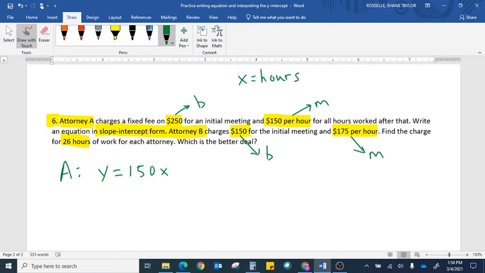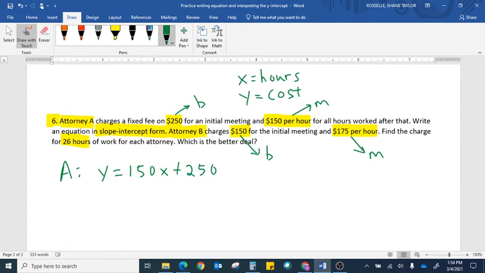That'll be the same way for both attorneys. Hours and total cost, y is total cost. So 150 times x, which represents our slope, is 150. X is the number of hours, whatever we plug in there, and then our starting point, or y-intercept, is going to be 250.